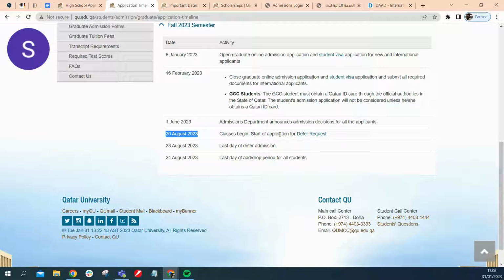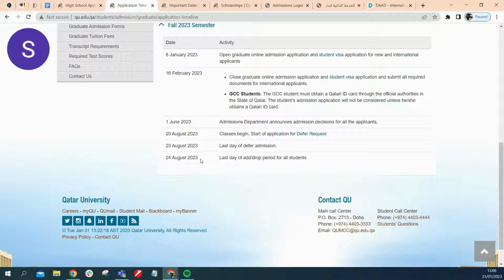Start of application. 23rd of August, last day of the deferral of admission. So you could already, from 23rd of August, start to submit a defer request. But on the 23rd of August, just basically 3 days, you have to defer your admission. And on the 24th of August 2023, it is the last day of the drop-off period for all students if you want to be added or dropped.